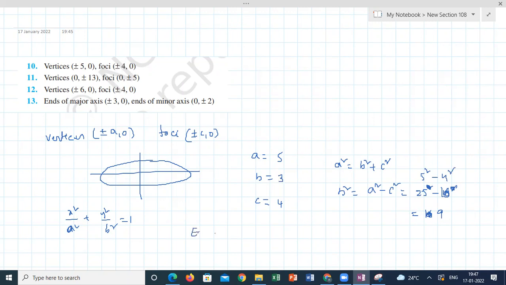So the equation of the ellipse with the given data is x²/25 + y²/9 = 1. Is it clear?